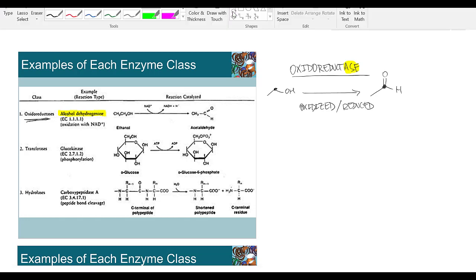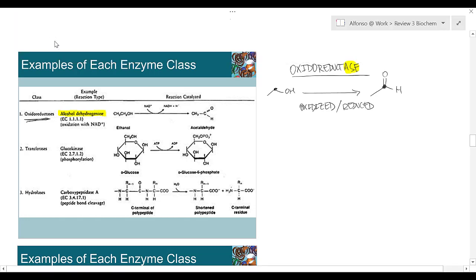So alcohol dehydrogenase, remember, -ase stands for enzyme. Alcohol dehydrogenase is an oxidoreductase, okay? The major enzyme classification of alcohol dehydrogenase is oxidoreductase.